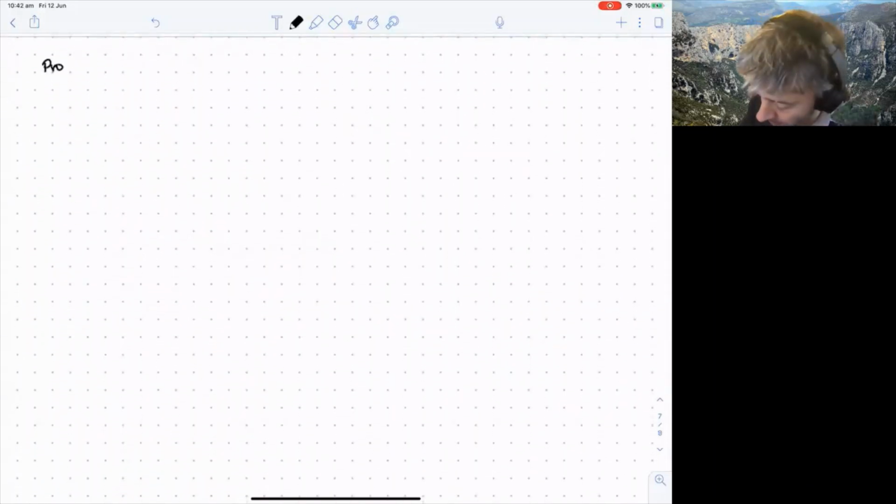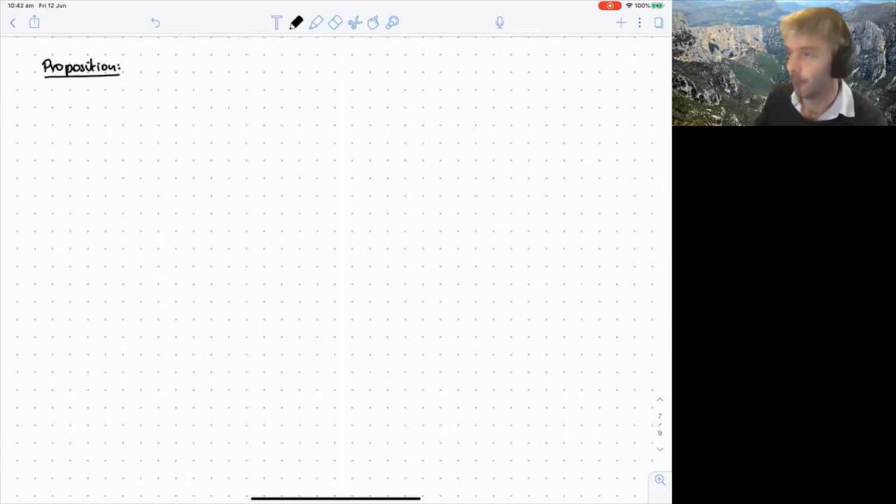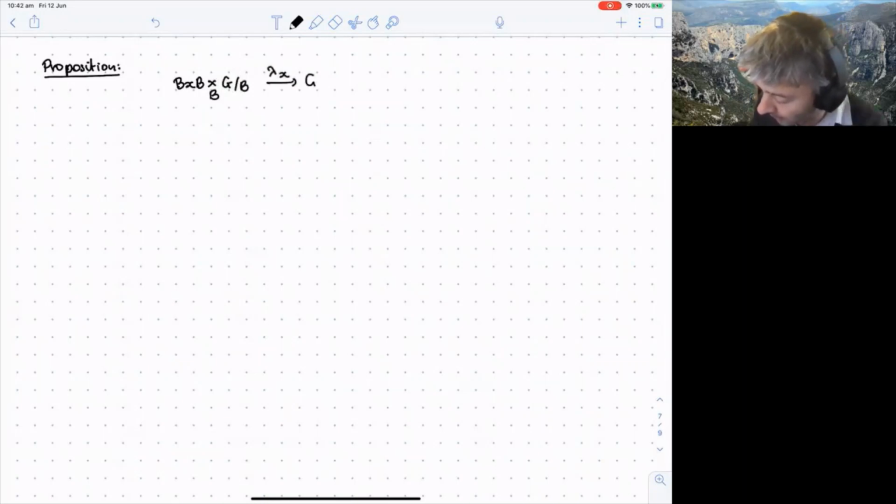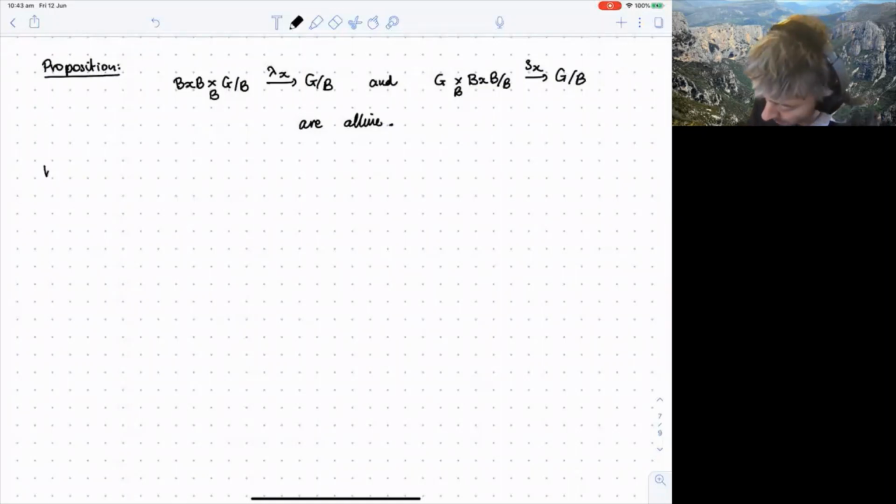So proposition: the restriction of the convolution map, BxB times, I'm going to call this lambda x, the restriction of the convolution map to a single Bruhat cell, is affine. Why?